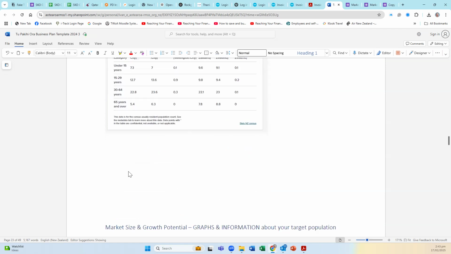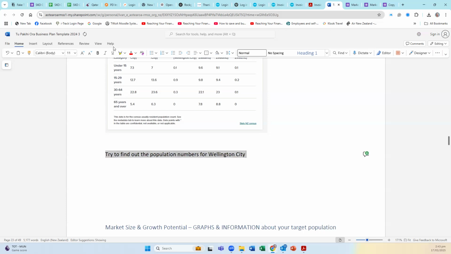So that's what I would be able to find out if I were you. So I say try to find out the population numbers for Wellington.